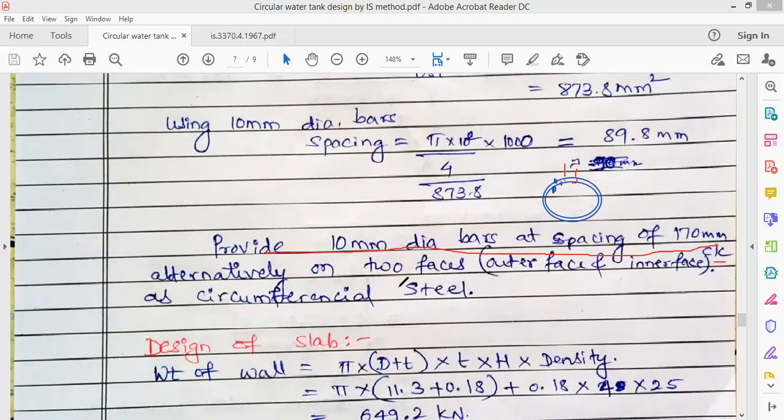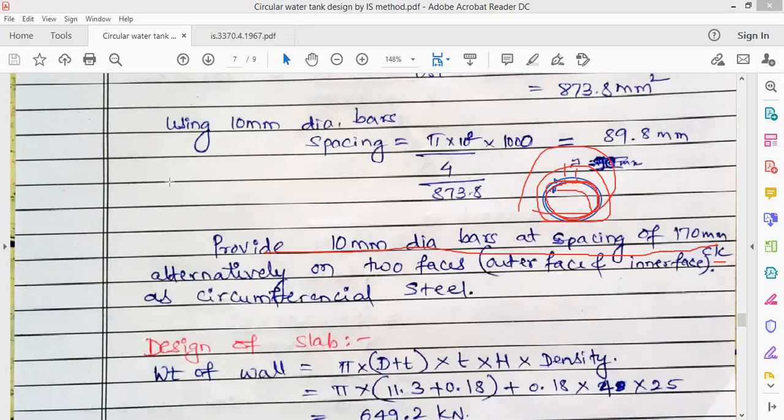So alternatively on two faces, outer face and inner face, as circumferential steel, means I am going to provide these as circumferential steels, in the circular pattern. So this bar will be there. Above this one more bar will be there. Above that one more bar will be there. So such circumferential bars, one bar will be at the inner side.